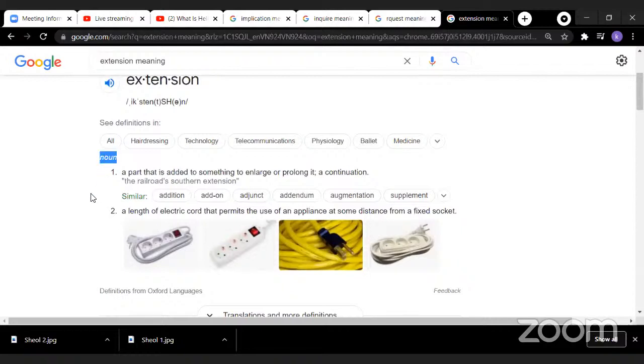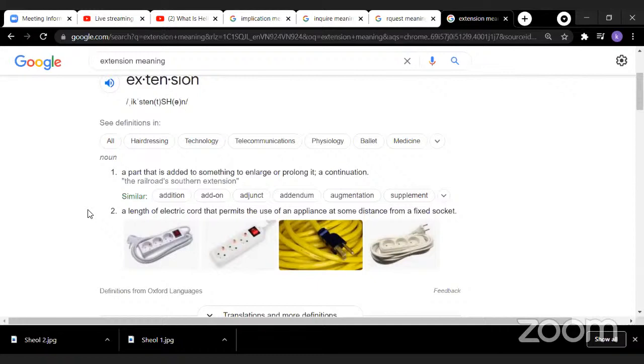Extension: a part that is added to something to enlarge or prolong it; a continuation. Similar: addition, add-on, adjunct, addendum, augmentation, supplement.